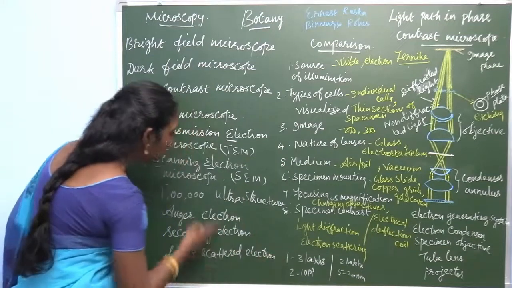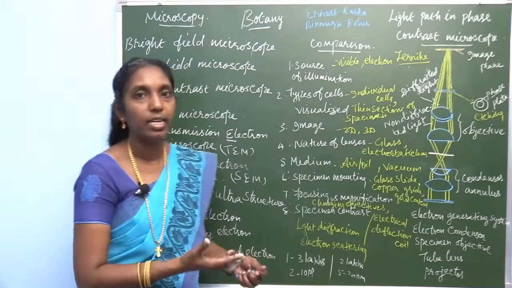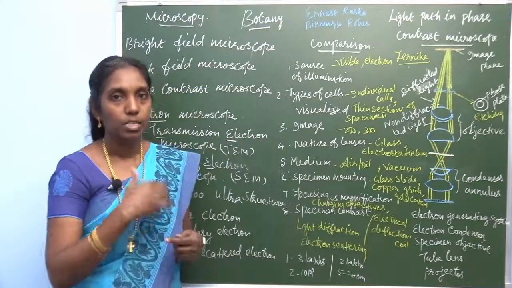These are the different types of electrons released from the specimen.